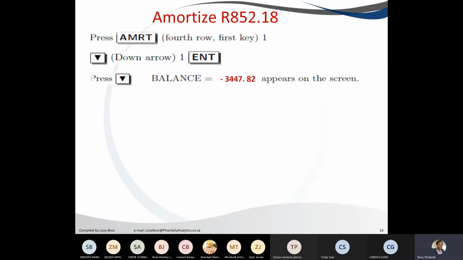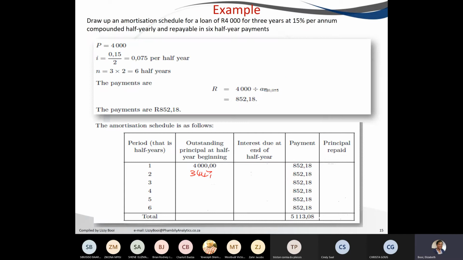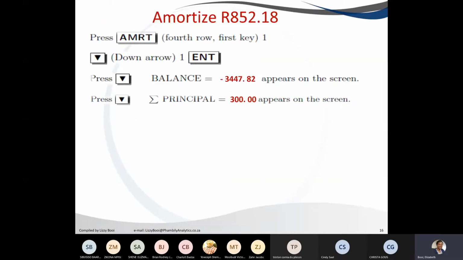Now when you press down arrow, it will show you principal. It will give you the value for the principal, which is 552.18. When you press down arrow again, it will give you interest. Oh, sorry. I have my things vice versa.